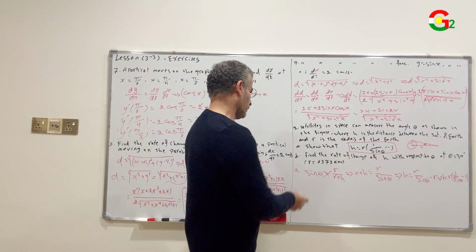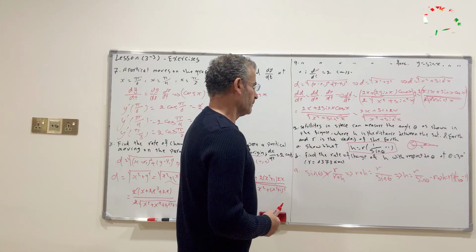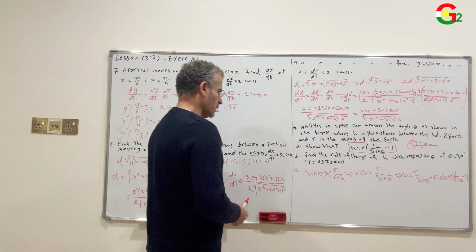Number 2b: find the rate of change of h with respect to theta at theta equal 30 degrees.